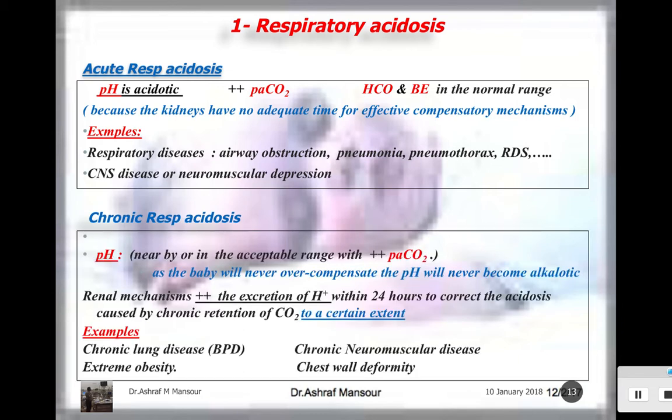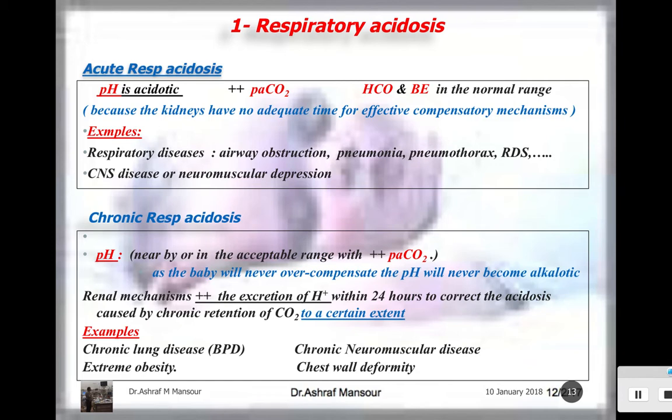While in chronic respiratory acidosis, the pH will be acidotic, but it will be near to normal, in the acceptable range, while the PCO2 is the cause, it is increasing.